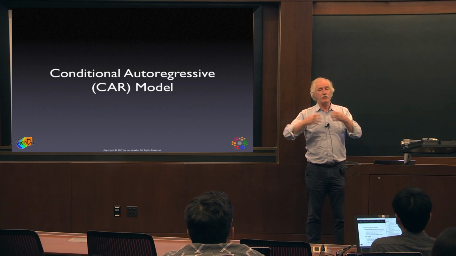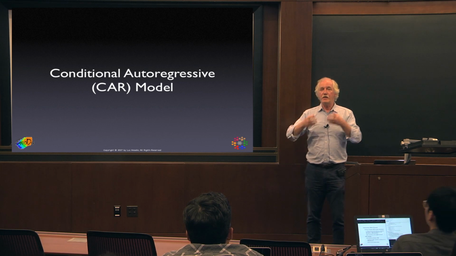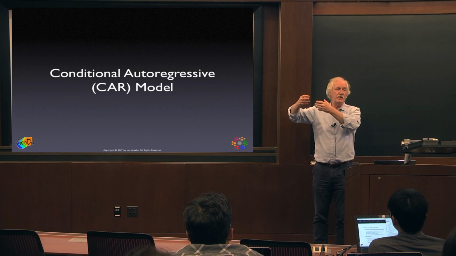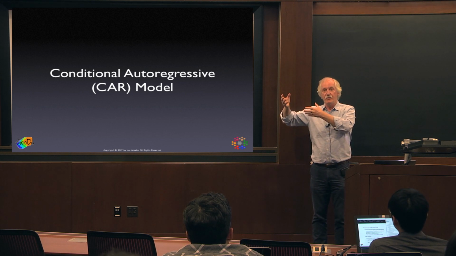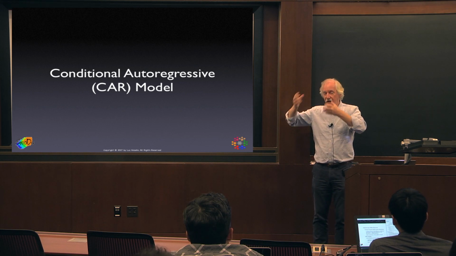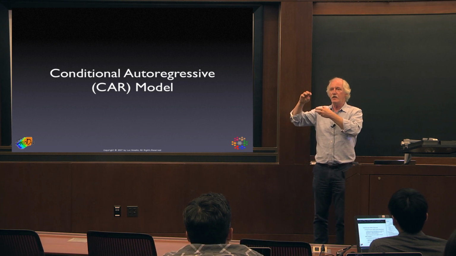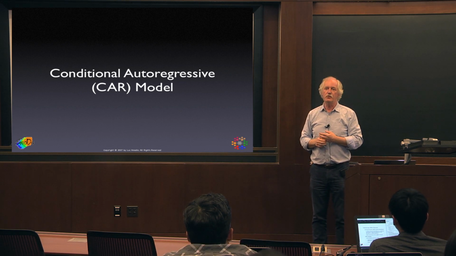So how do we put that structure in there? We put that structure in there through a model for the spatial process of the beta. It's not data, it's just some random factor. And that is then where the conditional setup comes into play.